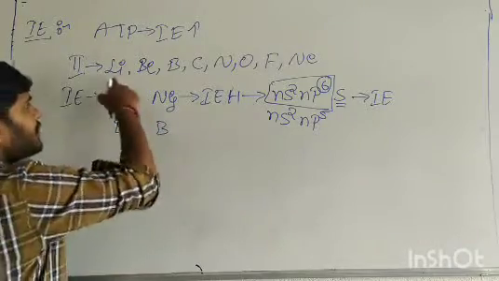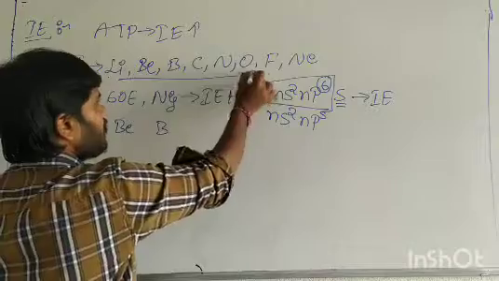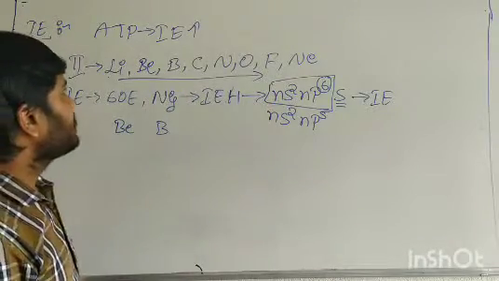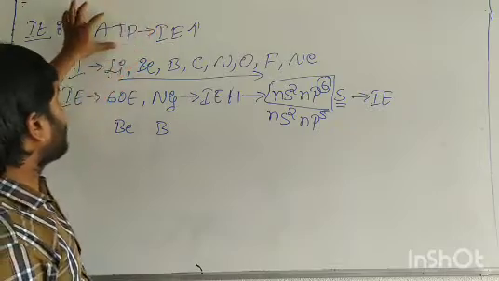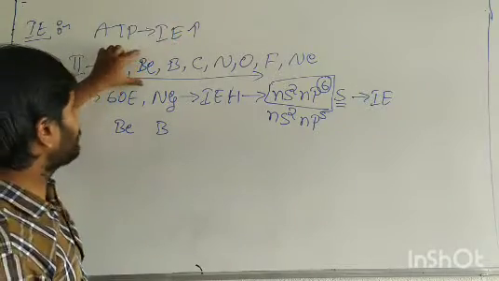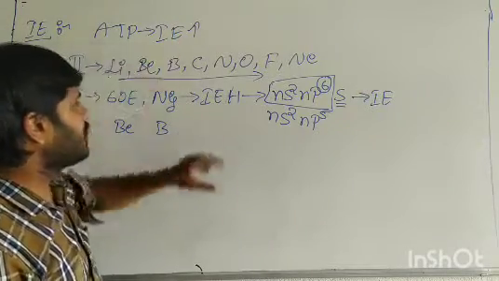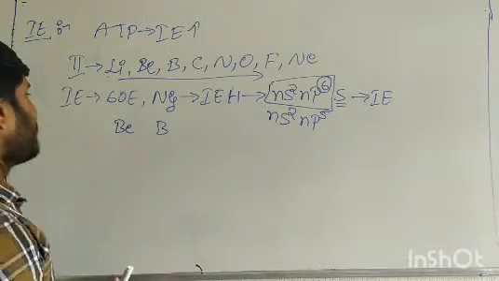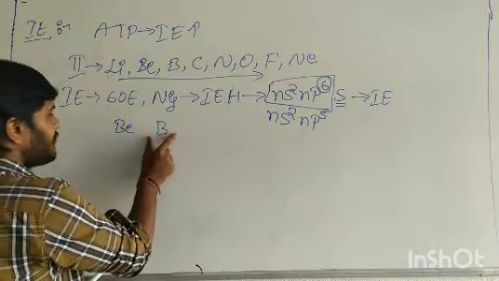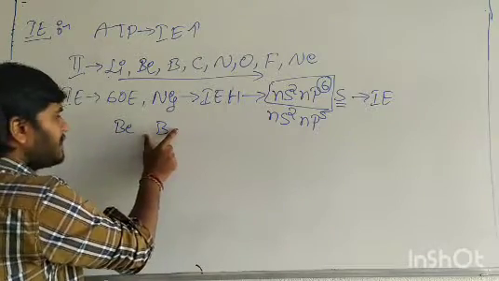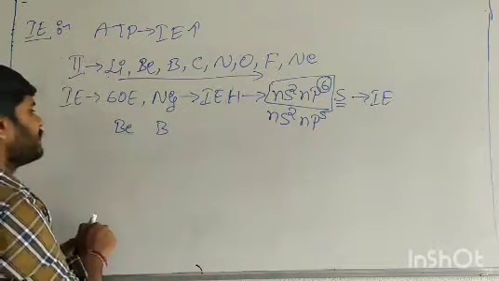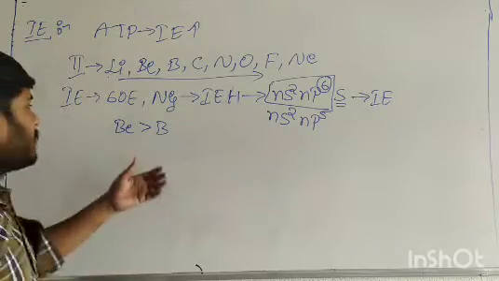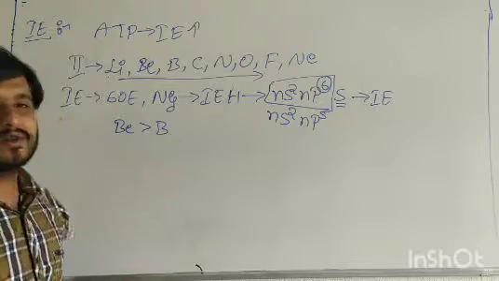Moving along the period from beryllium to boron, obviously ionization enthalpy should increase. But actually, the ionization enthalpy of boron is less than beryllium.